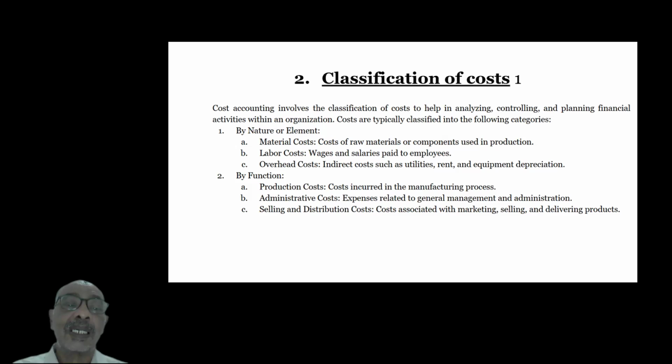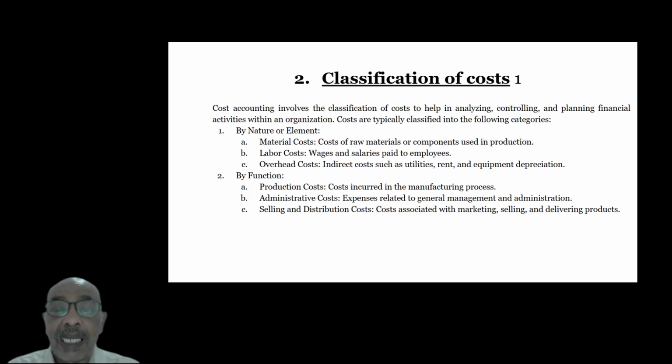We can put them together. Class number three is overhead costs. Overhead are all the other costs, not material and not labor. Any costs other than labor and material we call overhead cost.